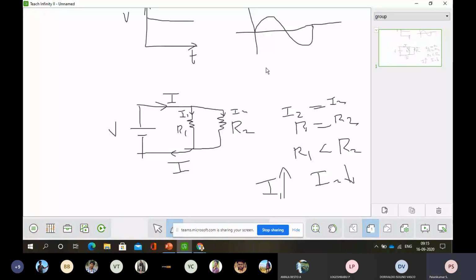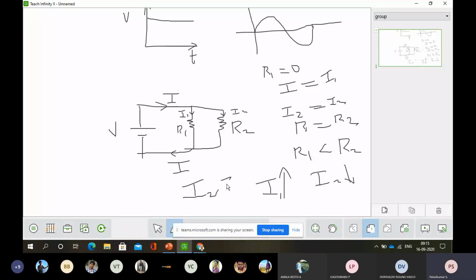In the same way, if I keep on reducing R1 and finally reach zero, then I is equal to I1 and I2 is equal to zero.